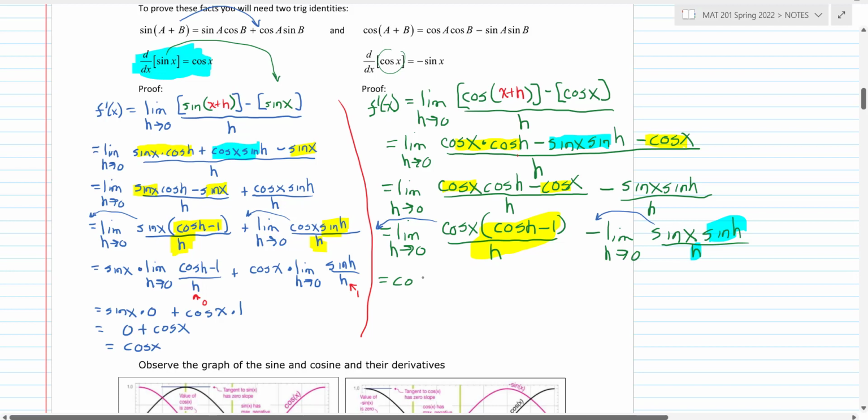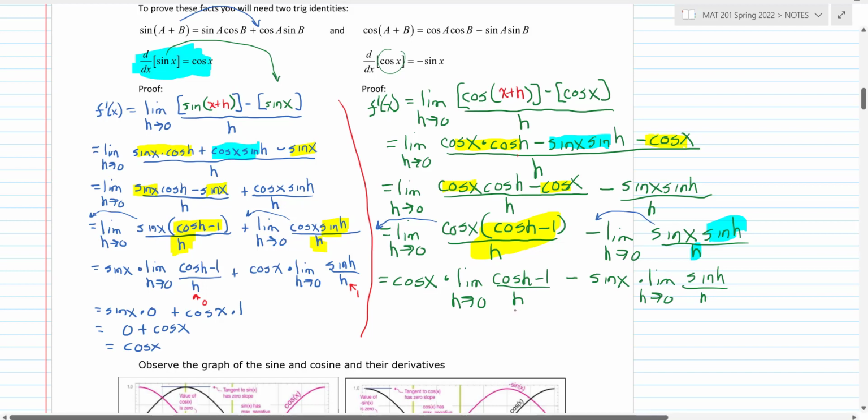So we're going to get cosine of x multiplied by the limit as h goes to 0 of cosine h minus 1 over h, minus, take the sine x out, times the limit as h goes to 0 of sine h over h. Okay, now we're ready to put this together.